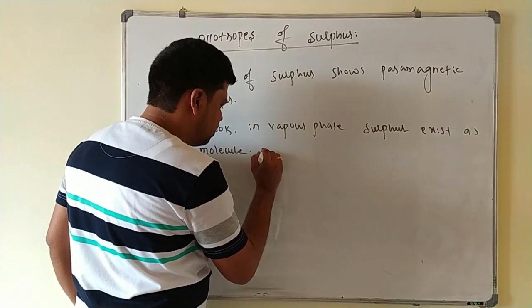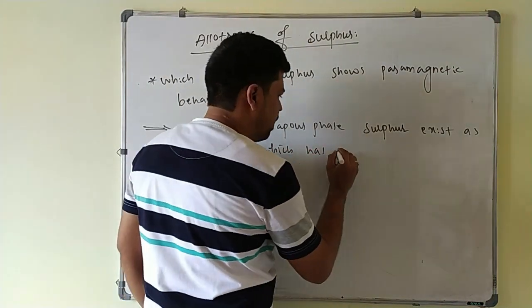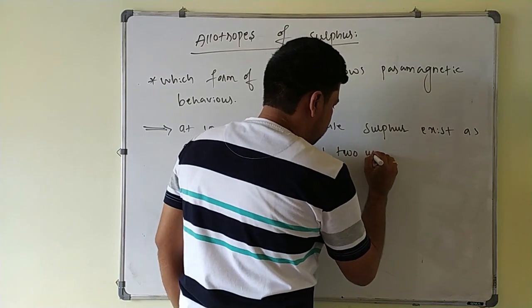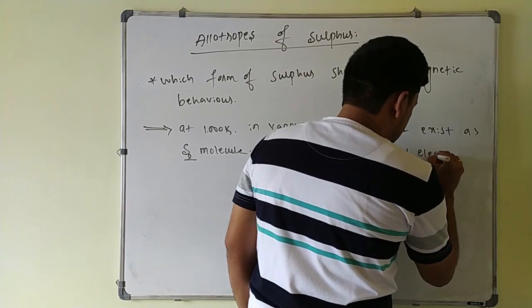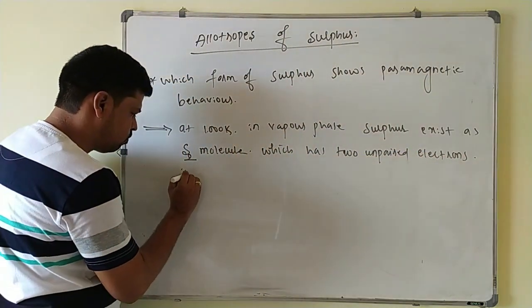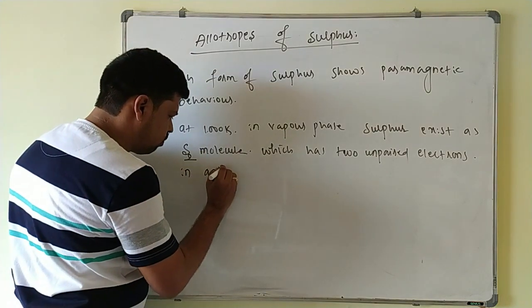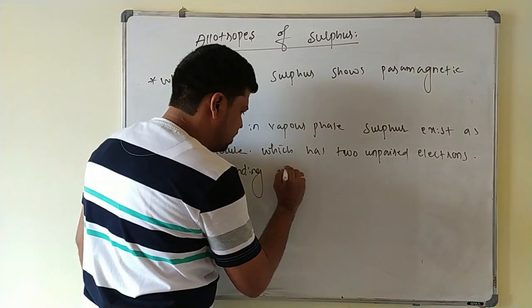S2 molecule which has 2 unpaired electrons in the antibonding π-star orbital.